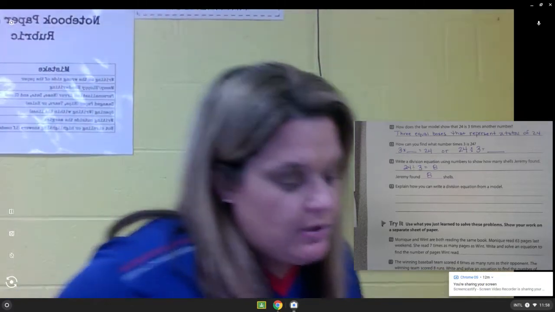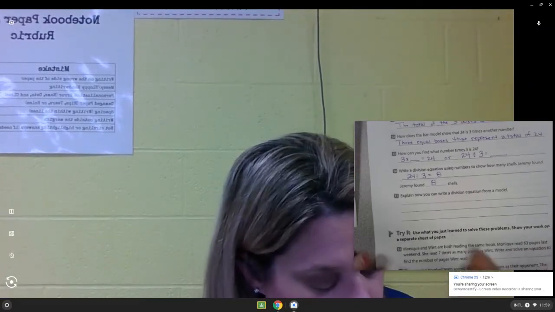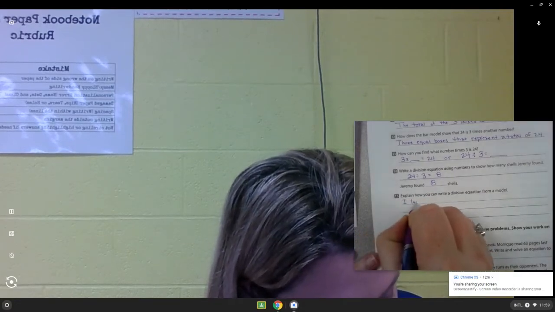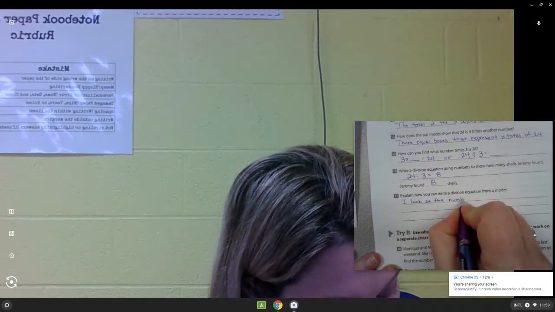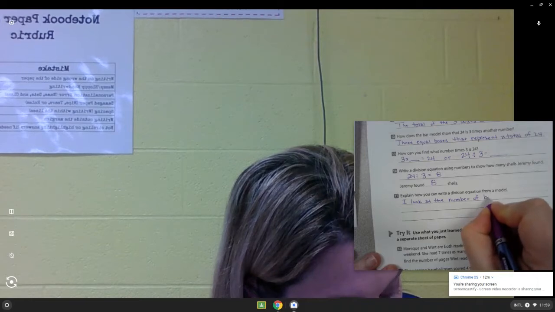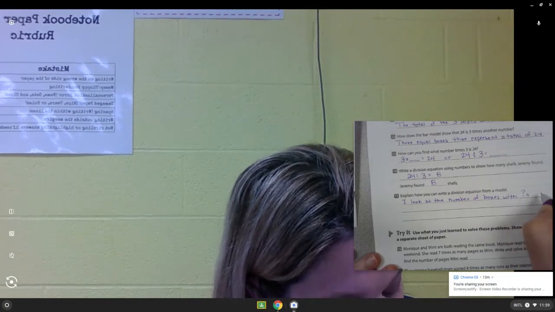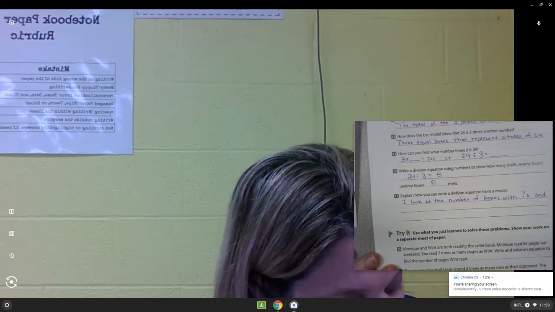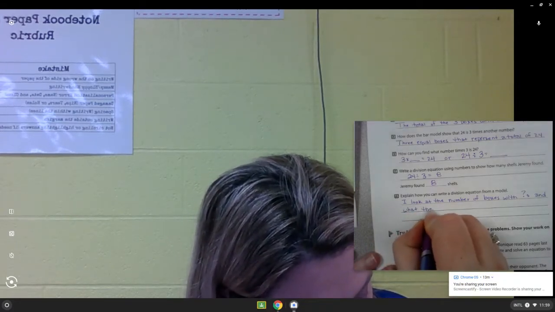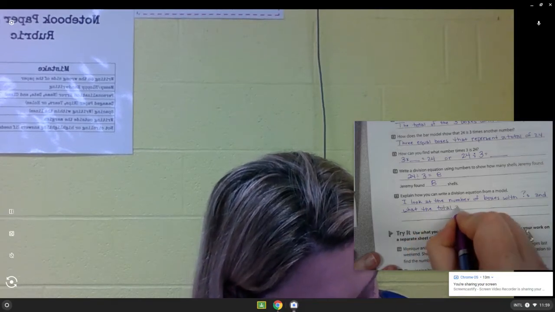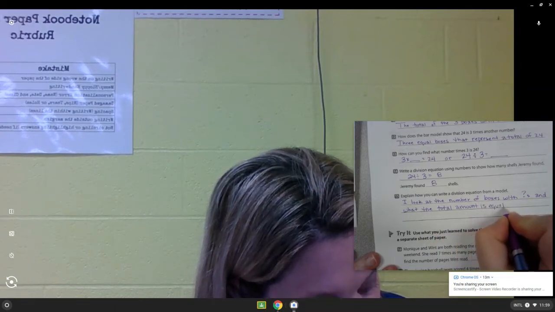Okay, it says explain how you can write a division equation from the model. Well, I look at the number of boxes with question marks and what the total amount is equal to.